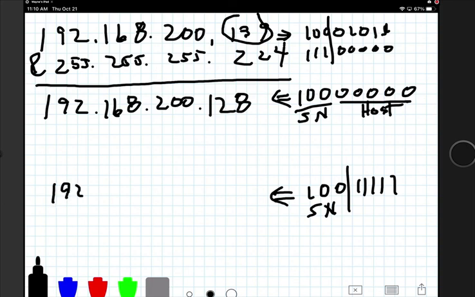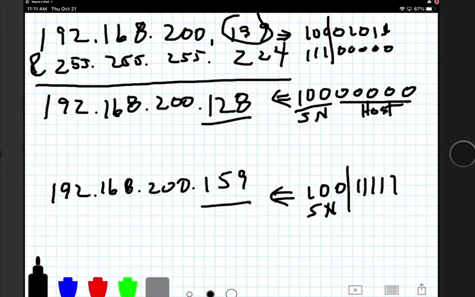So the 192.168.200 comes down as is, and 100.11111 is 159. So this is the network number, and this, the 159, is the broadcast. Now, to answer the last 2 questions, that is, what is the first and last usable IP?